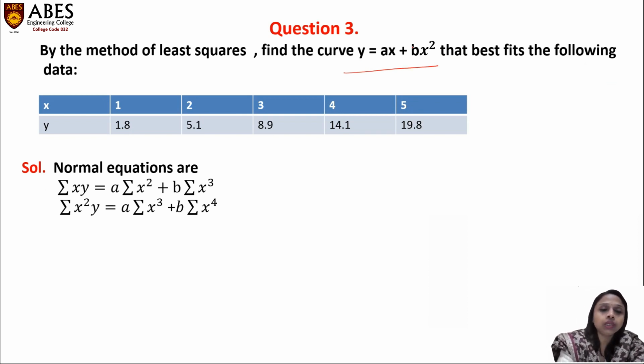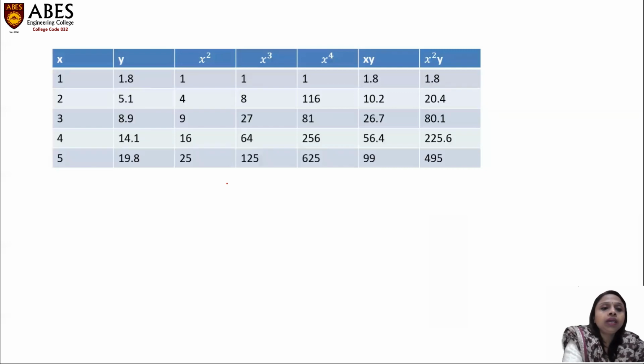As we have discussed, the normal equations for this curve are given by this, which is slightly different from straight line. One x extra is over there. So we can find all these values from the data, and then we can find the value of small a and small b. So let us consider a table x, y. We can find all the values x square, x cube, x to the power 4, xy, and x square y.